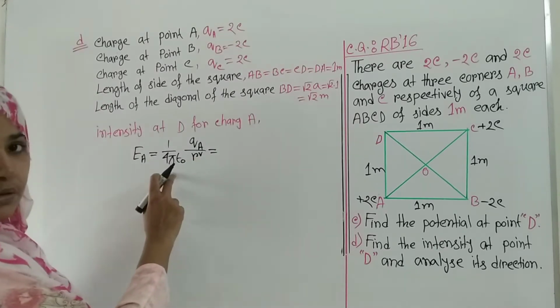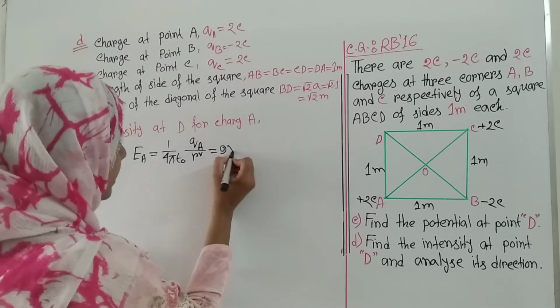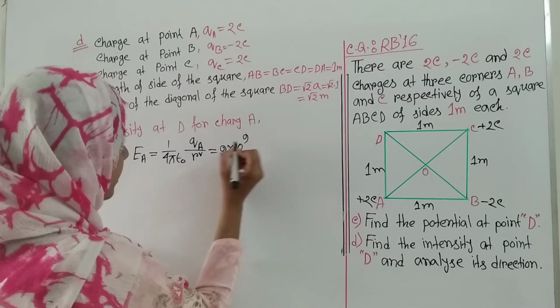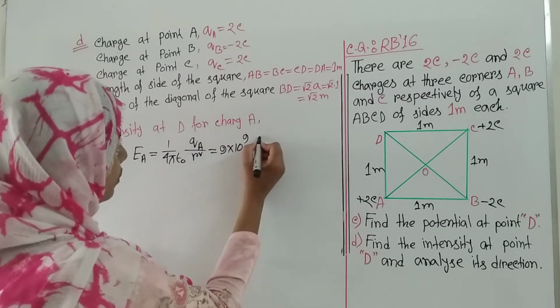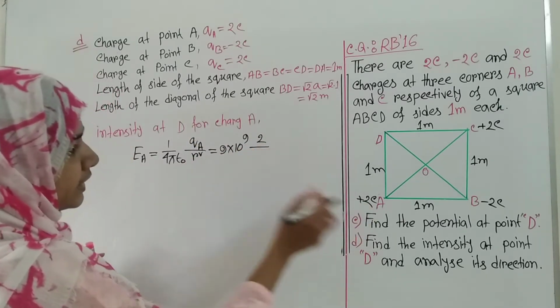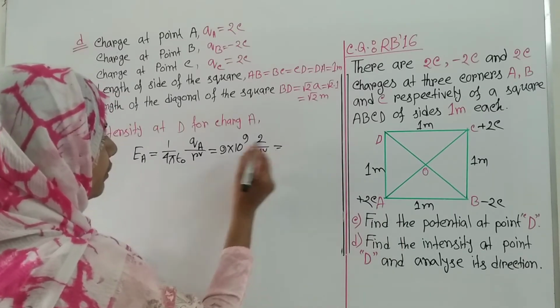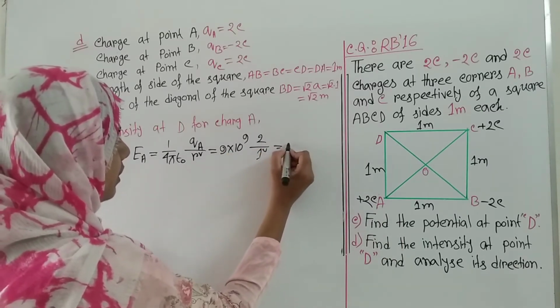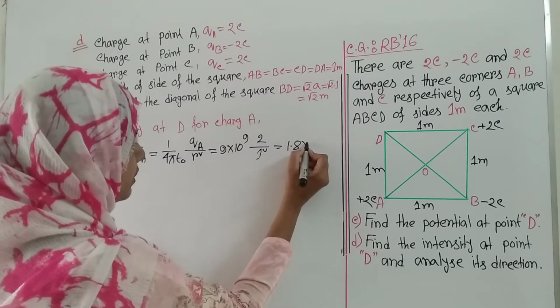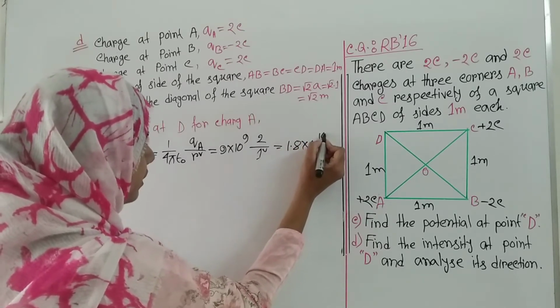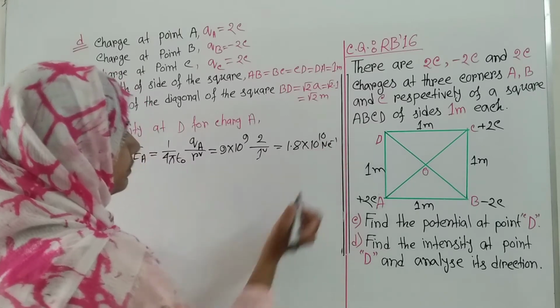Here the value of 1 by 4 pi epsilon naught is 9 into 10 to the power 9. The value of QA is 2 and R, that is the value of AD, is 1. So, we will get the value as 1.8 into 10 to the power 10 Newton per coulomb.